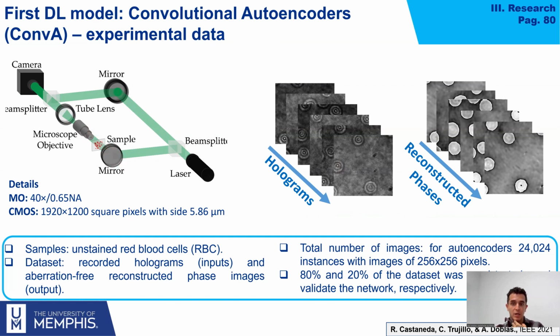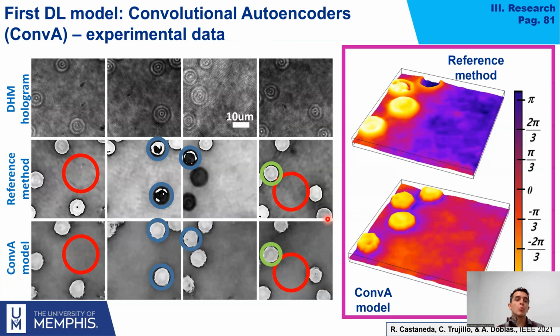For creating the data set, we used a Mach-Zehnder interferometer, and we recorded holograms and obtained their respective phase images using the conventional method. The total number of images for training this model was 24,000. 80% of this data was used for training, and the remaining 20% was used for validation. Okay, these are the outcomes.